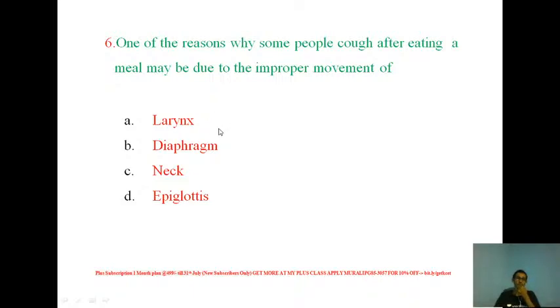Coughing will occur during intake of food or liquid or water. What is the reason behind that? So here the options are larynx, diaphragm, neck and epiglottis. It is an improper movement of which part?